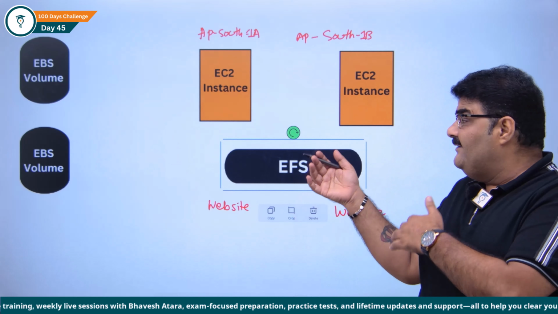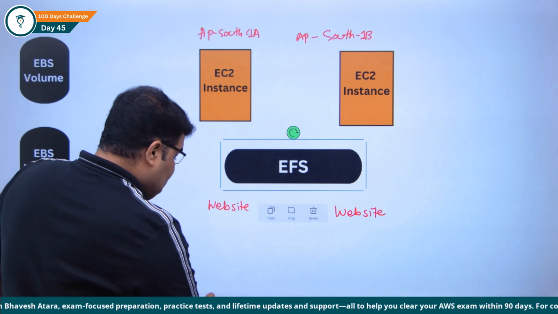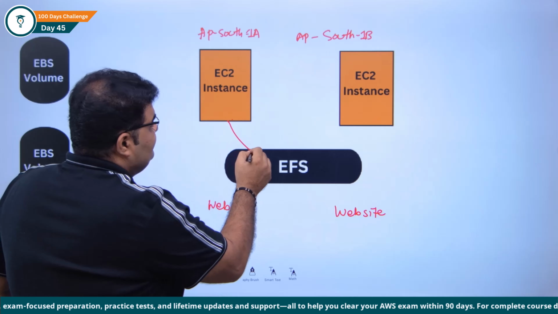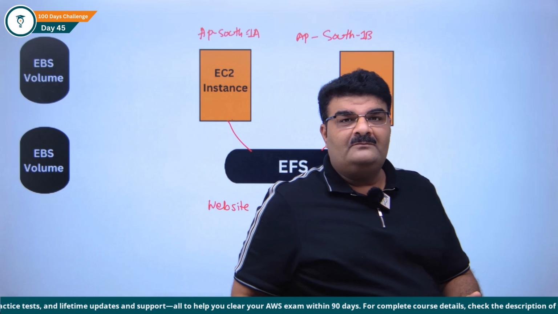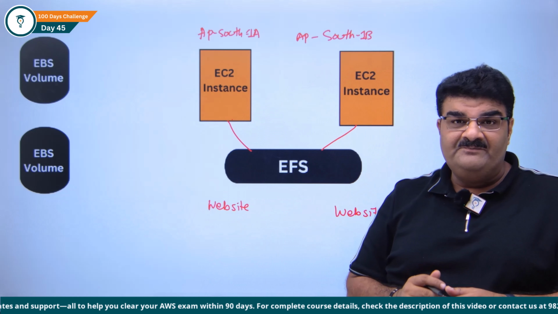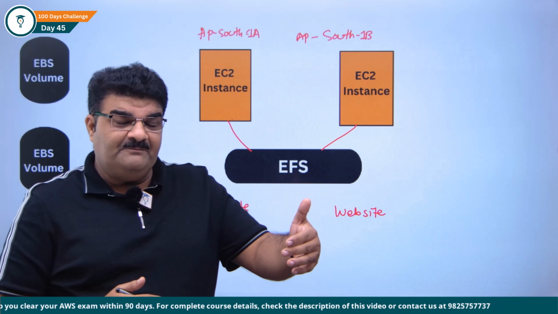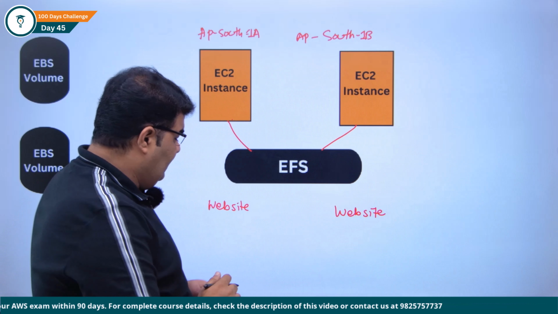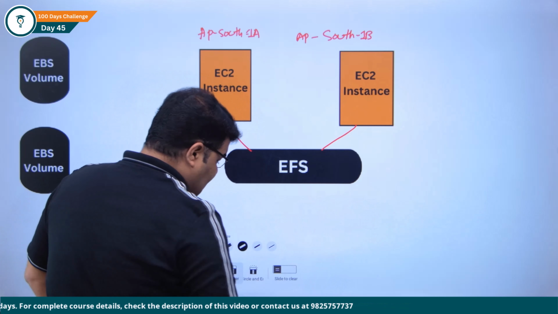So this EFS will be accessible from these two EC2 instances. So I have a single EFS volume accessible by any number of EC2 instances. Now, I'm not going to put my website into multiple EBS volumes. Here, I will put my website into this single EFS volume.